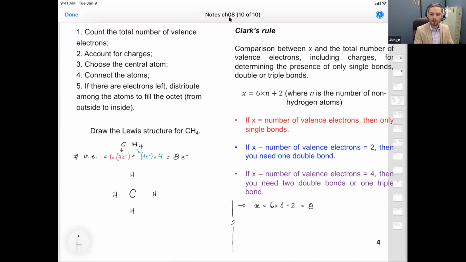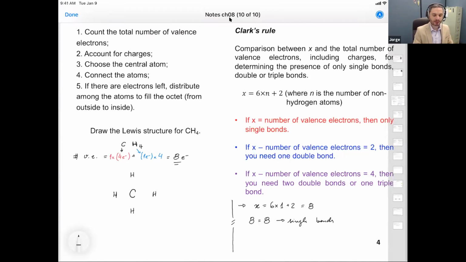And now we compare X with the total number of valence electrons for the compound. So in this case, X equals to 8, and the total number of electrons in the compound is equals to 8. So therefore, we have the first case, which means we only have single bonds connecting the atoms in this structure.